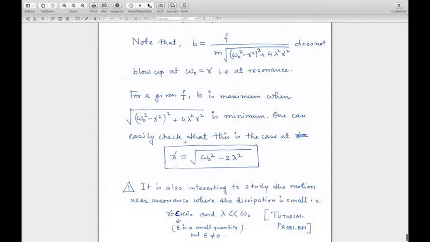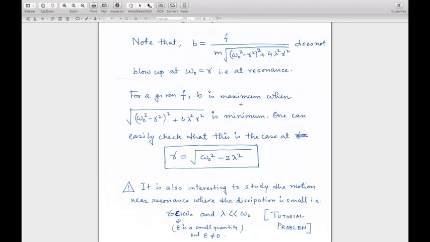So for a given f, B is maximum, that you can just do by differentiating and writing the differential coefficient: first order differentiation equal to 0 and the second order differentiation positive.